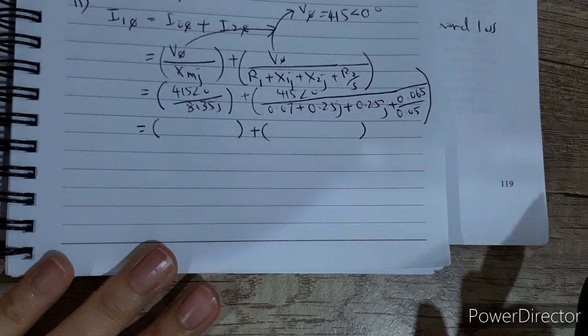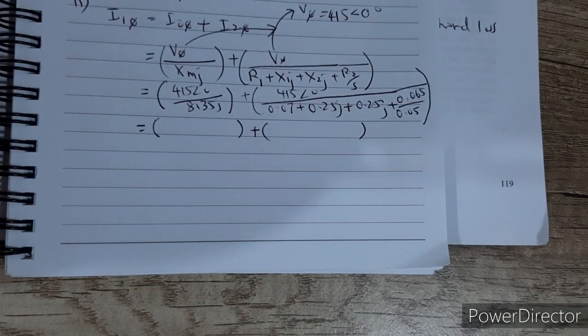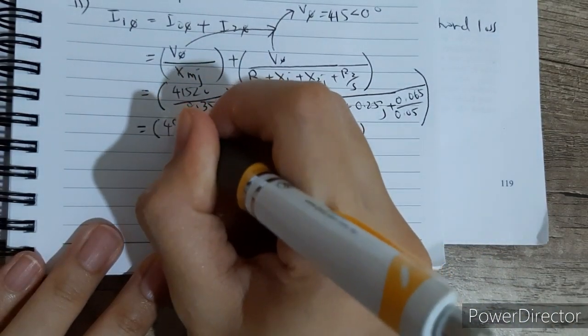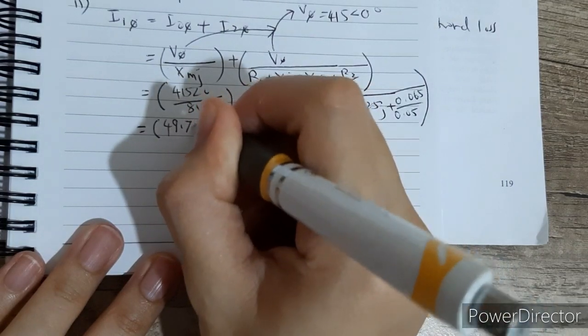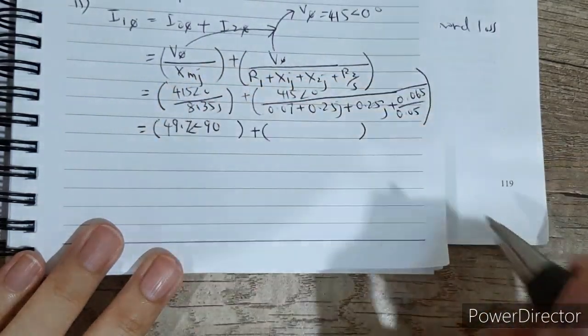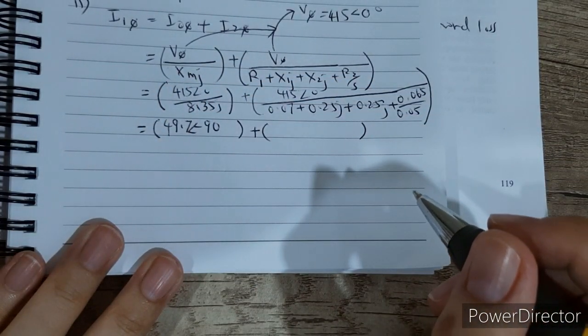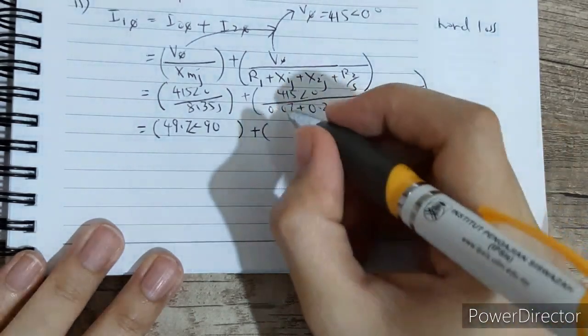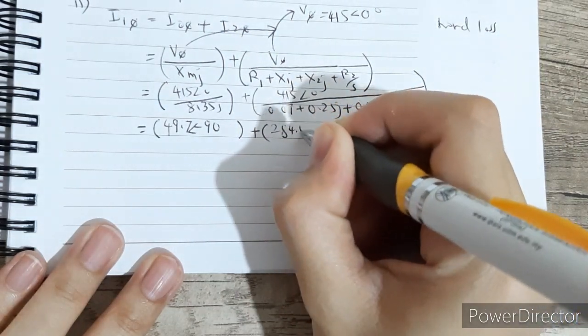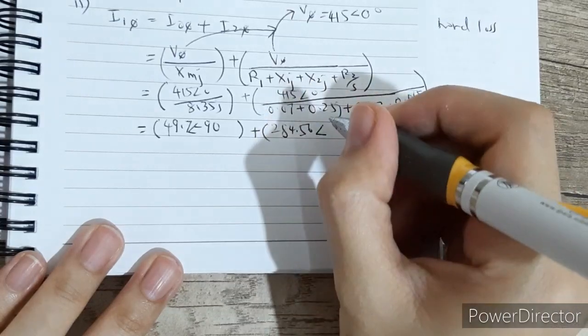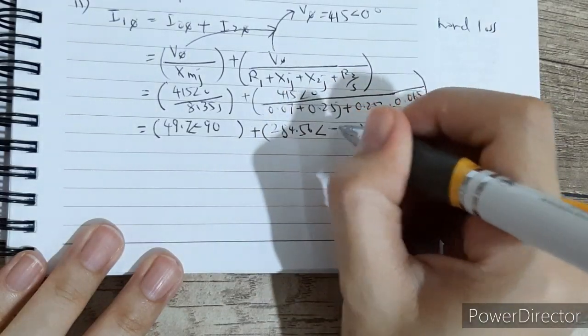Okay, so the answer is 49.7 at angle of minus 90, and 284.56 at angle of negative 20.